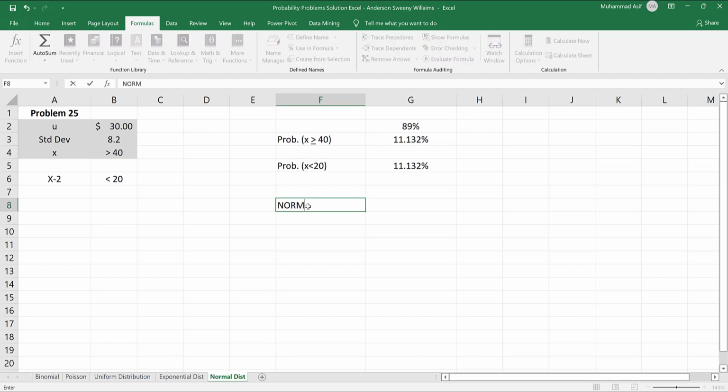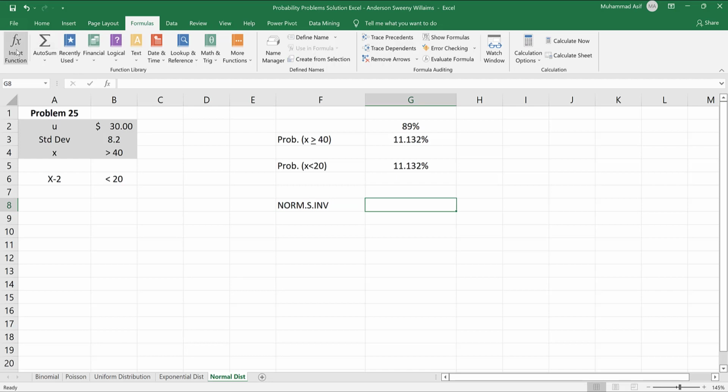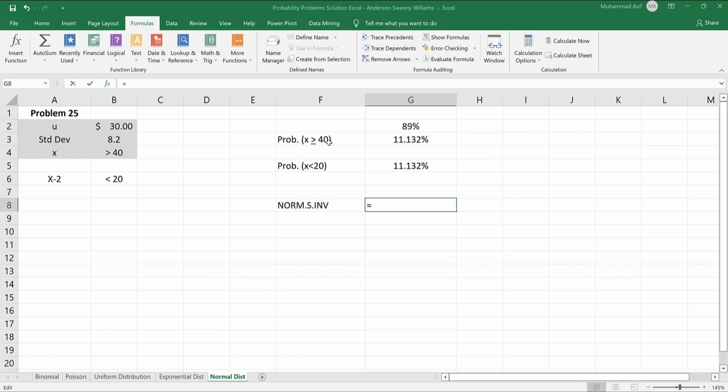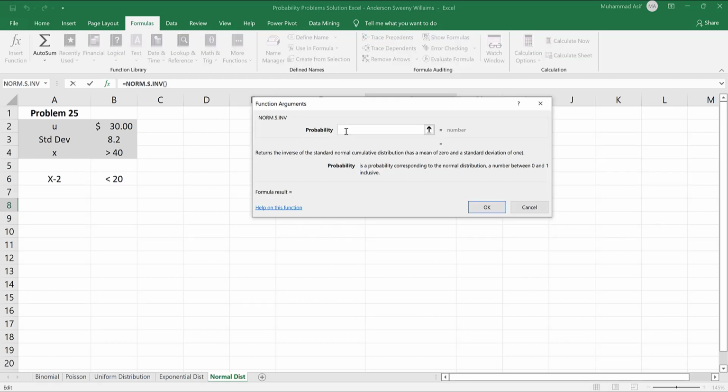We can also go to Insert Function, and there we click on NORM.S.INV, and it asks for probability, and probability is 0.9. You don't need to click OK. It already gives that z value of 1.28, and you know the formula is z equals x minus mu over sigma.